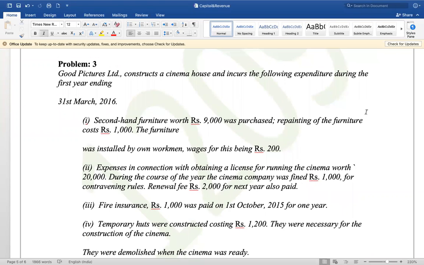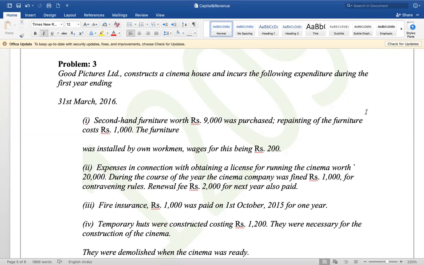Good Pictures Limited constructs a cinema house and incurs the following expenditure during the first year. The details are as on 31st March 2016.